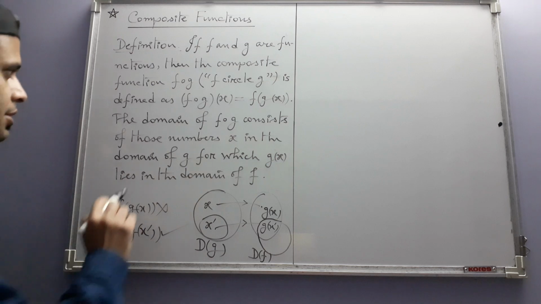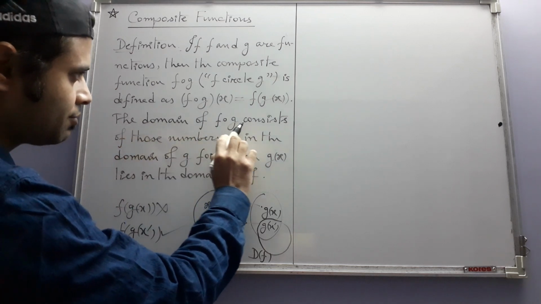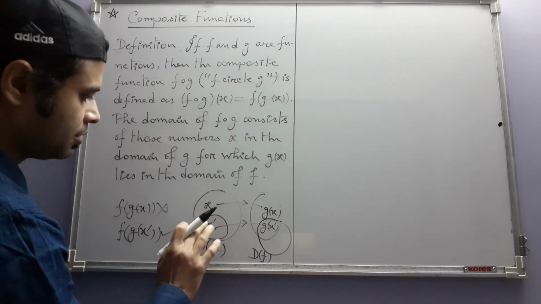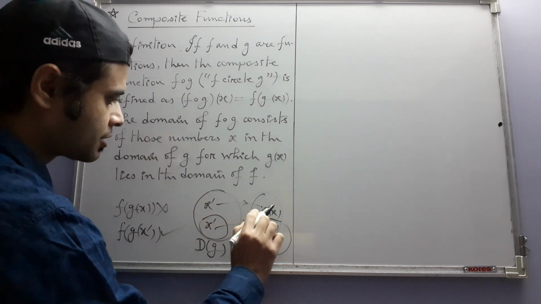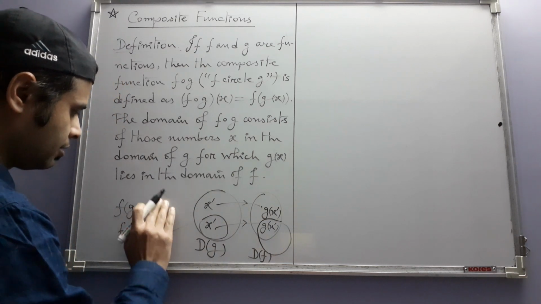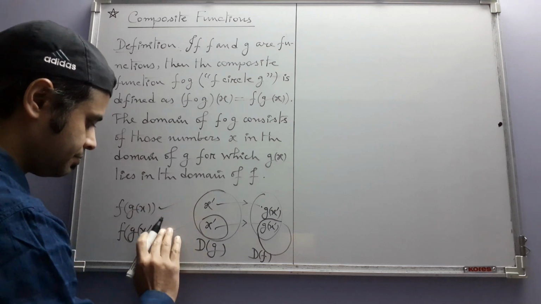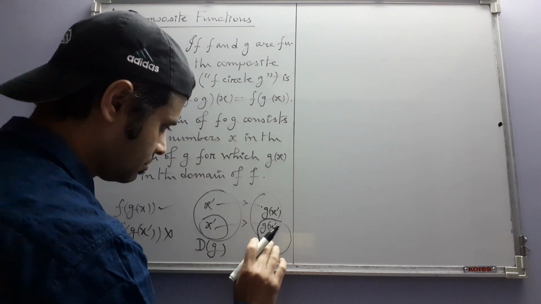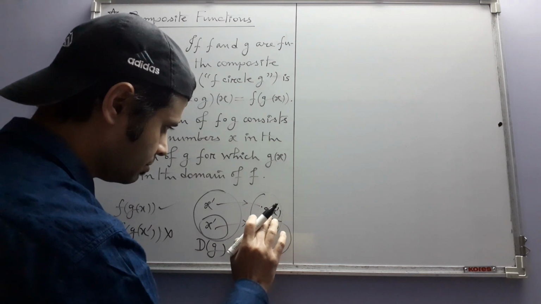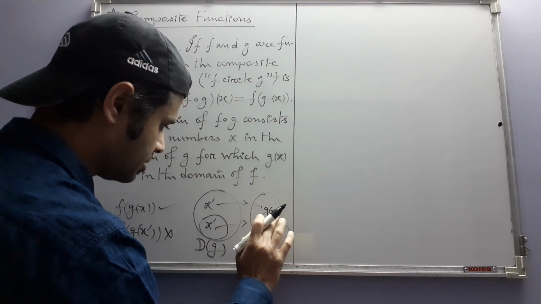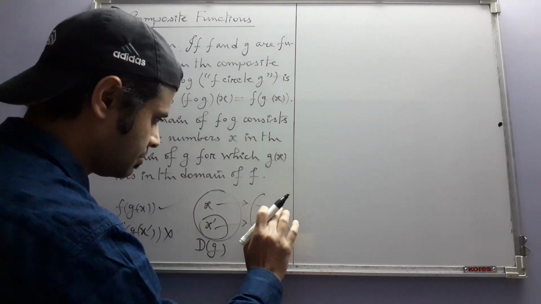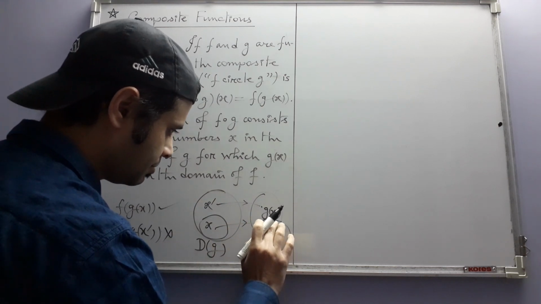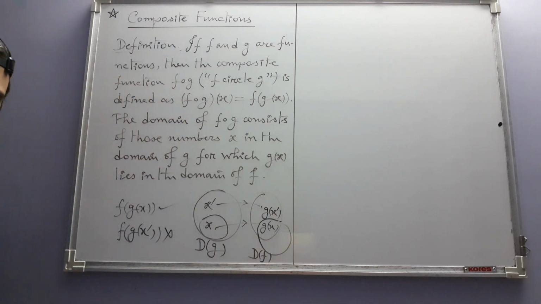So that's why we say the domain of f circle g consists of those numbers, although actually we should have written x prime here. So this is x prime and this is x.